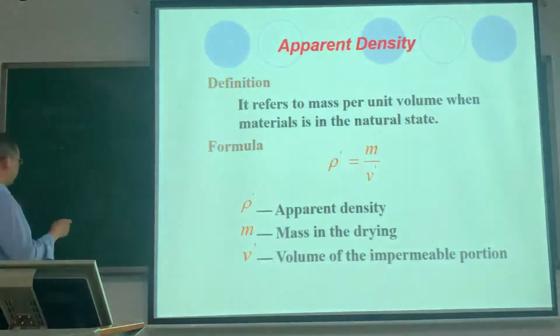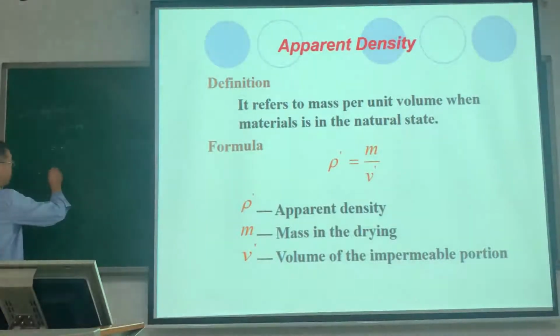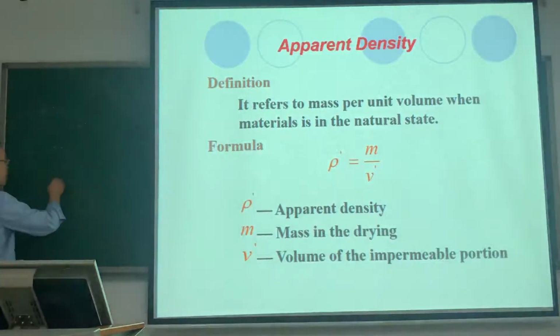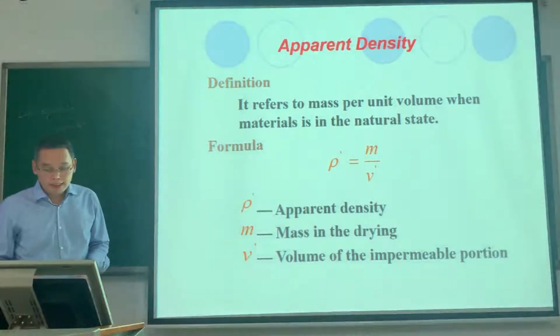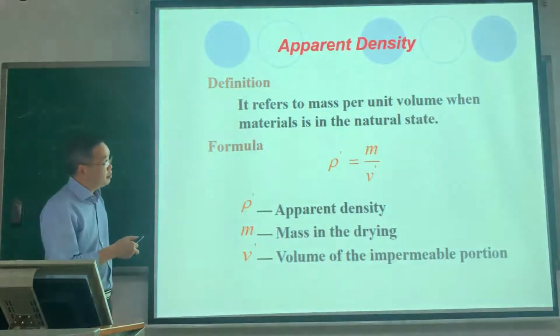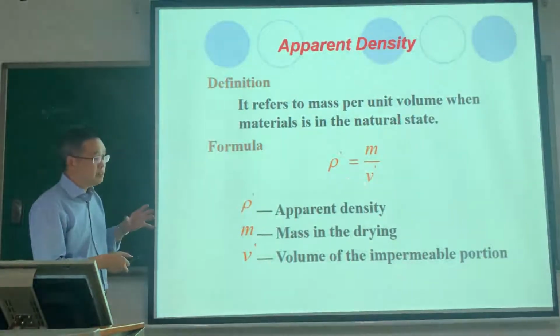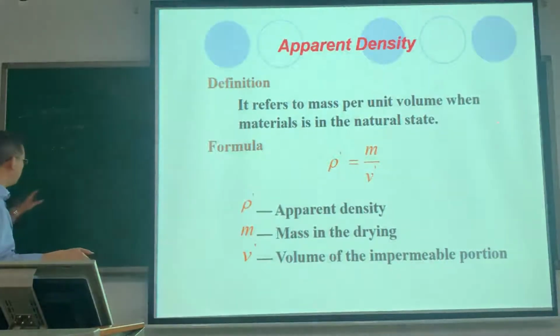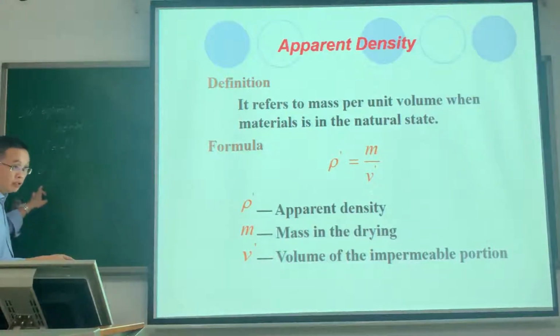The second density is the apparent density. It refers to the mass per unit volume, but this volume is different from that of the absolute dense state.